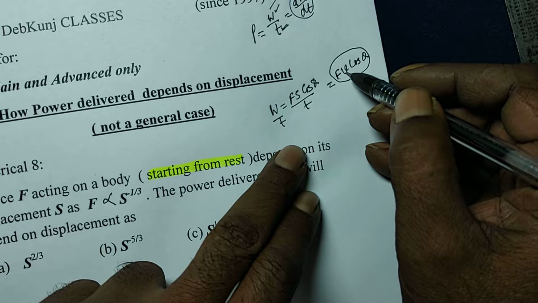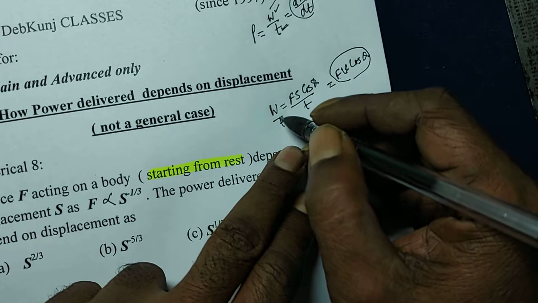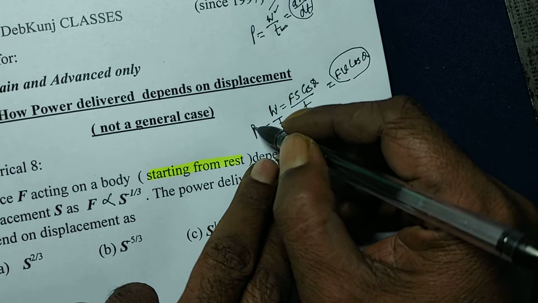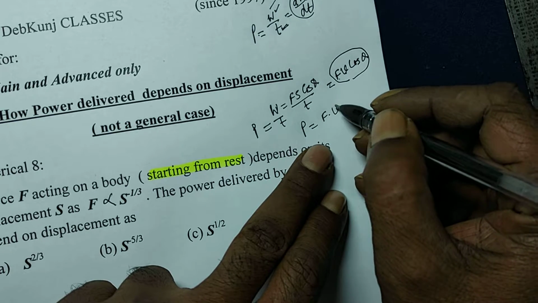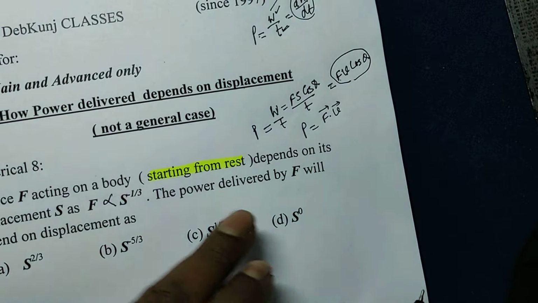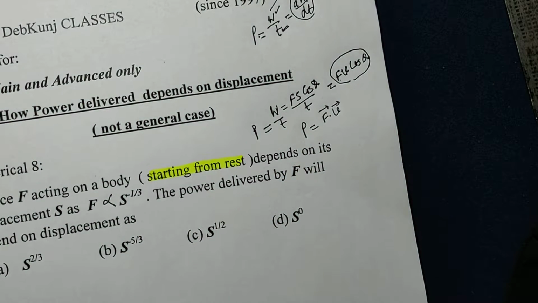Force is a vector, velocity is a vector, cosine of the angle. So this is your power. So your power is equal to F dot V, a scalar quantity.